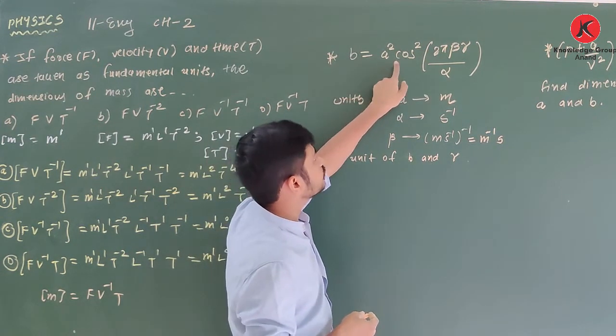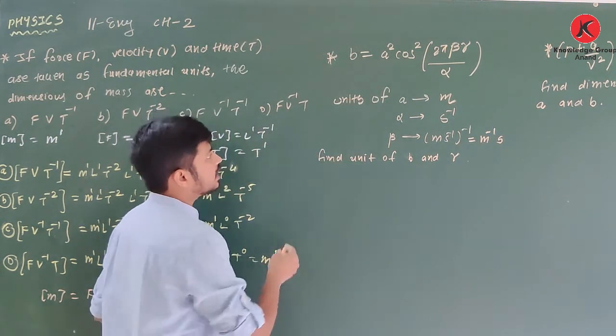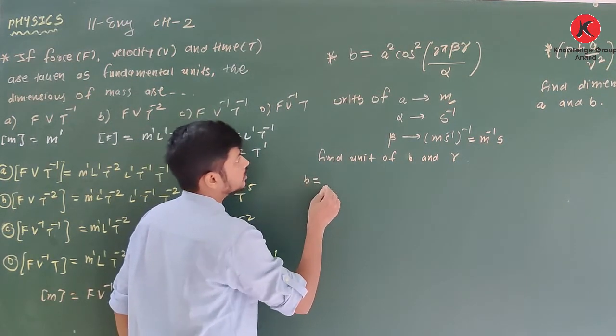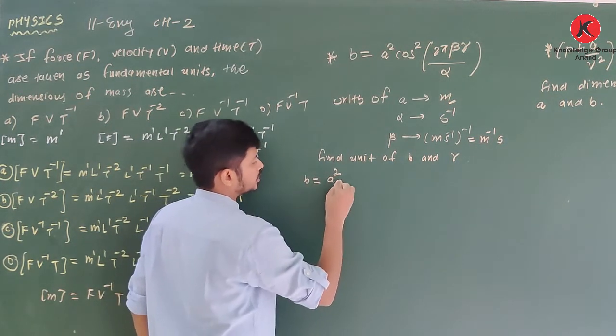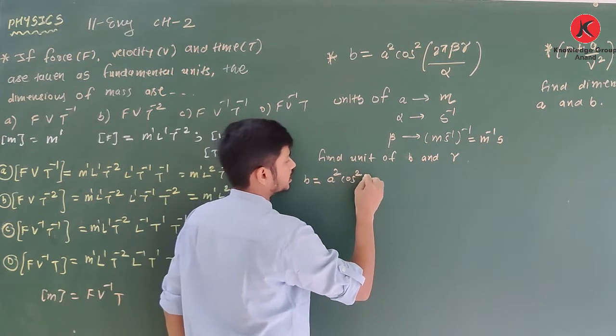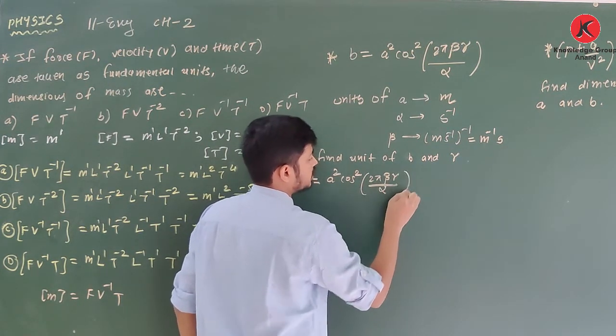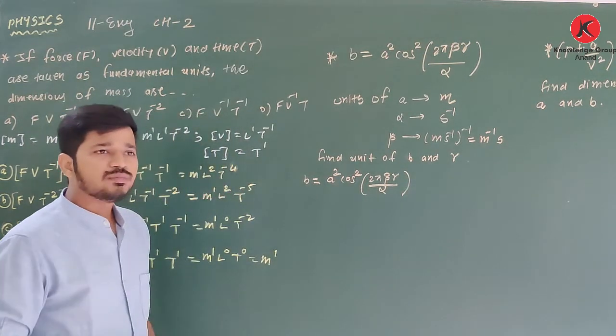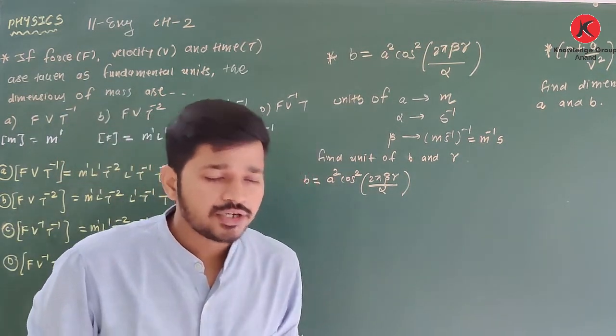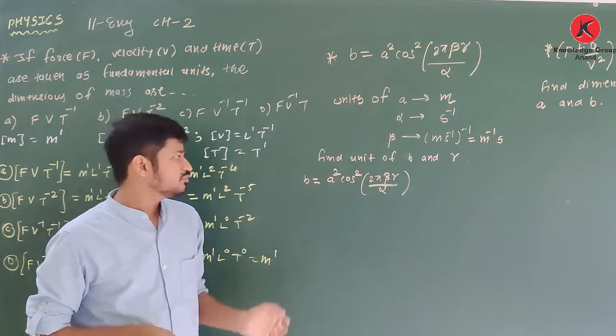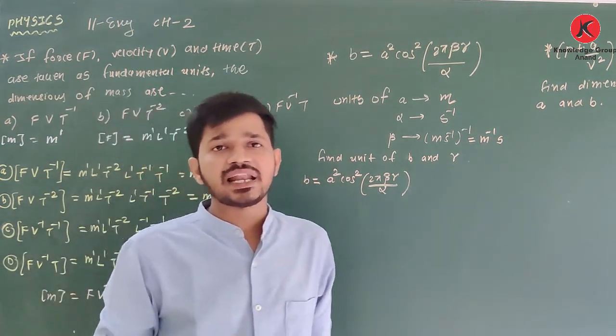Here it is b. b is equal to a square cos square 2 pi beta gamma upon alpha. We know the limitations of dimensional analysis: trigonometric functions, logarithmic functions, and exponential functions are dimensionless.